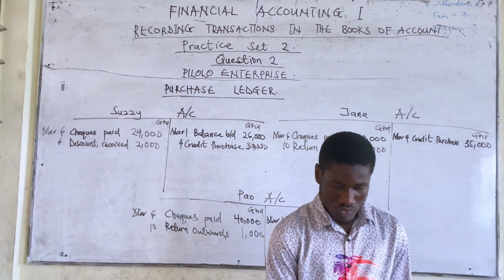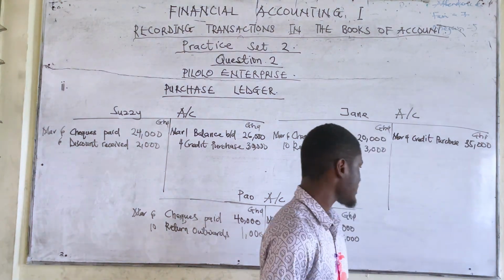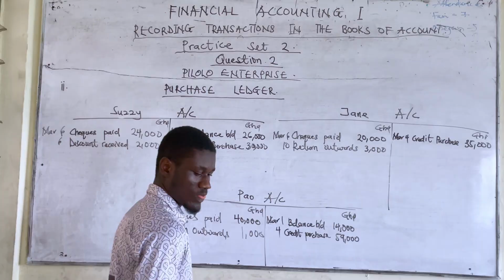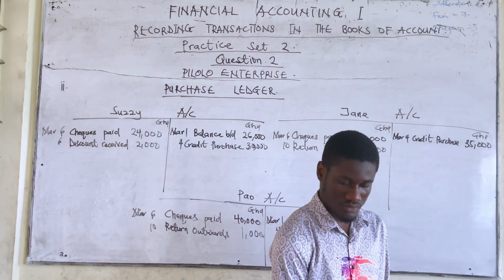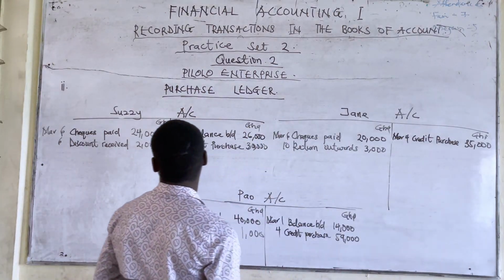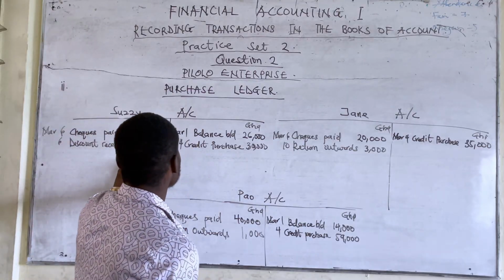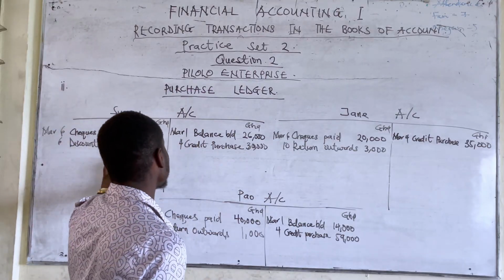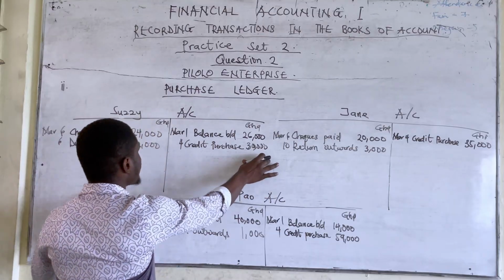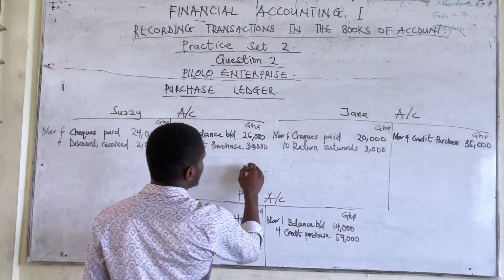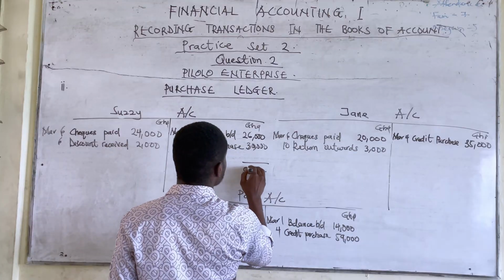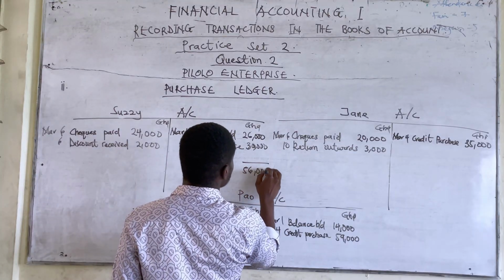Good. So now we move on to balance the accounts. Now we have to balance the account. So this side and this side, we could see that this side is greater than this side. So this total will show at both sides. Okay. So here is 56,000.